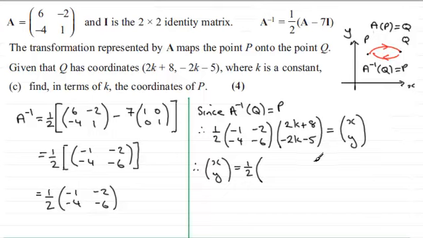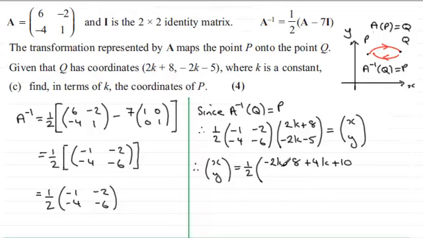That will give us the top row here. So minus 1 times 2k plus 8 is going to give us minus 2k minus 8, and then we have got minus 2 times minus 2k minus 5. So minus 2 times minus 2k is plus 4k, and minus 2 times minus 5 is plus 10. So that's the top row there.